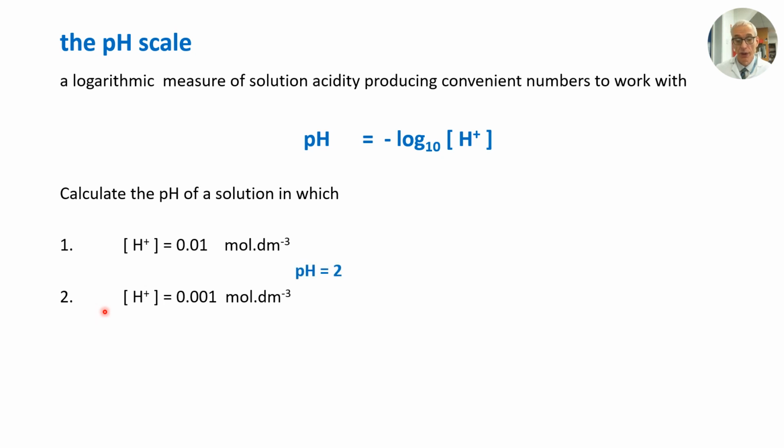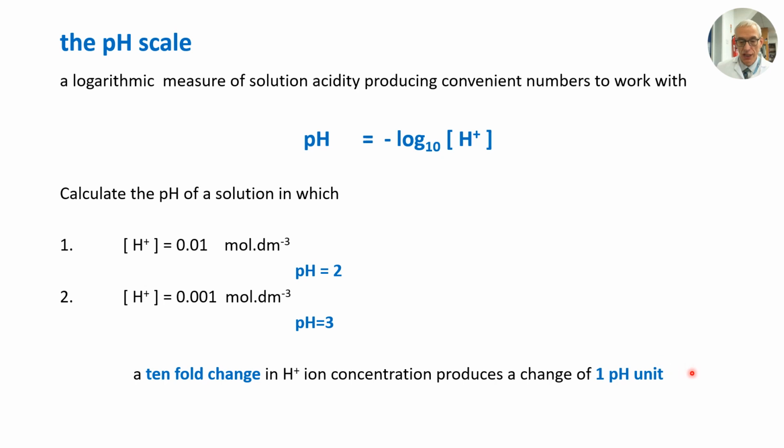Okay, so in the first instance we have a pH of 2, so we put 0.01 into your calculator, having preset minus log to the base 10, and it comes out as 2. And of course 10 to the minus 3, put through the operation minus log to the base 10, gives you a pH of 3.